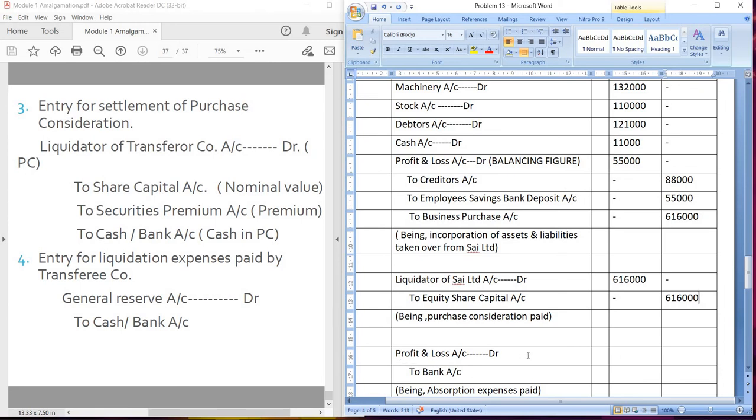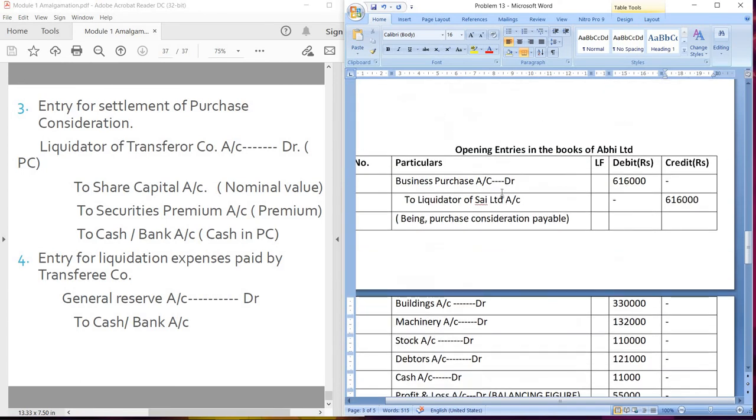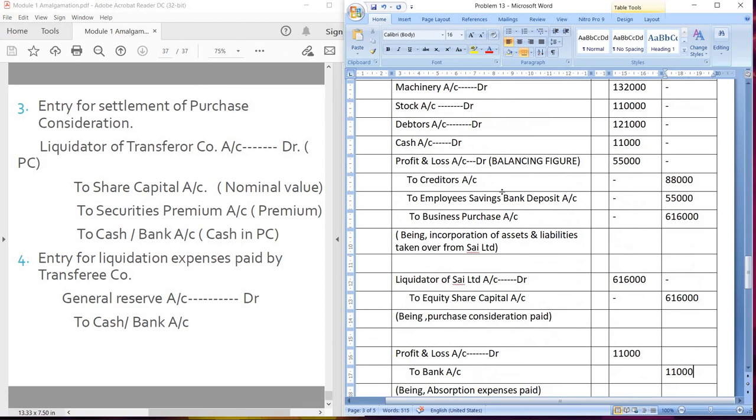So profit and loss account debit, amount is the amount of liquidation expenses, that is 11,000, to bank account 11,000. Narration: being absorption expenses paid. Okay, so we are done with the journal entries in the books of Abhi Limited.